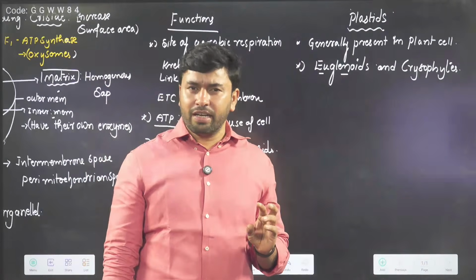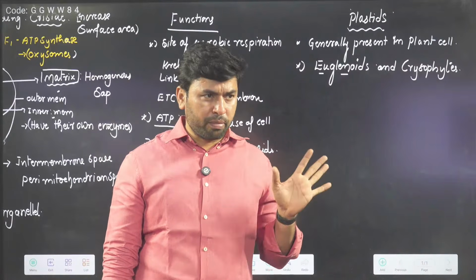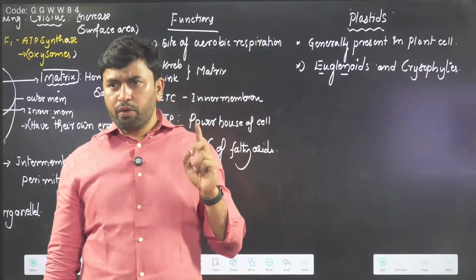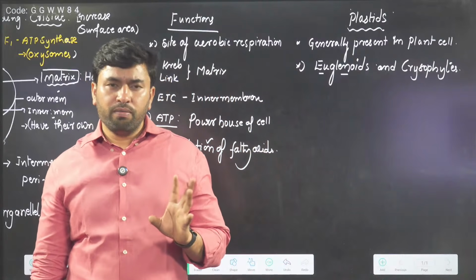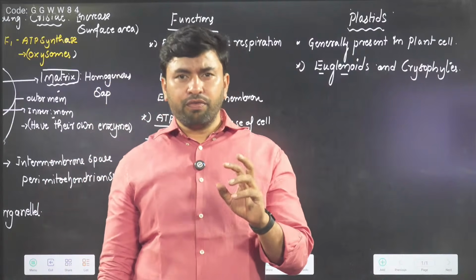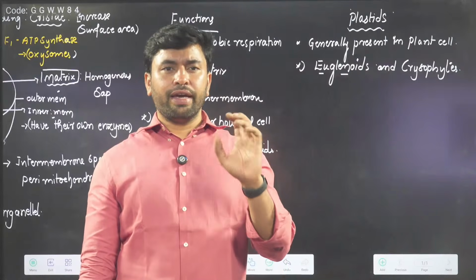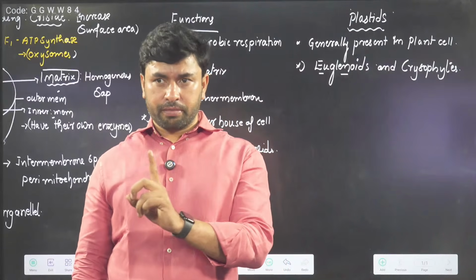In fact, I will tell you directly one thing to remember. If there is a prokaryotic cell which can perform photosynthesis, it can perform photosynthesis with the help of chromatophores.